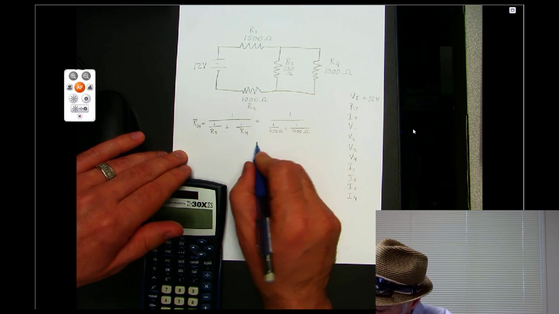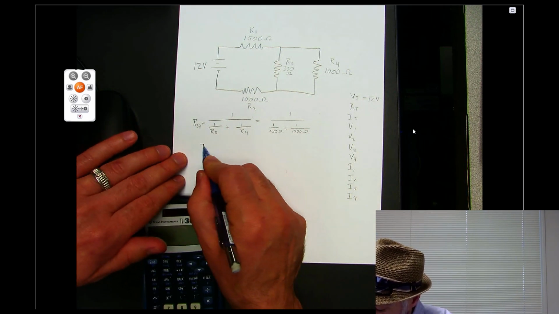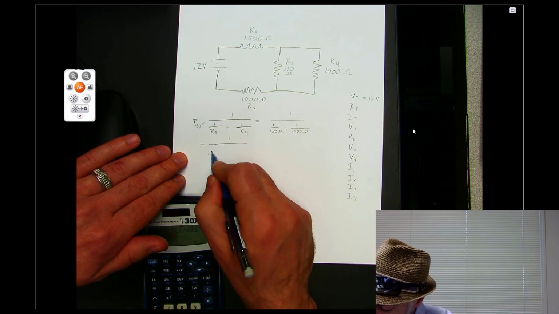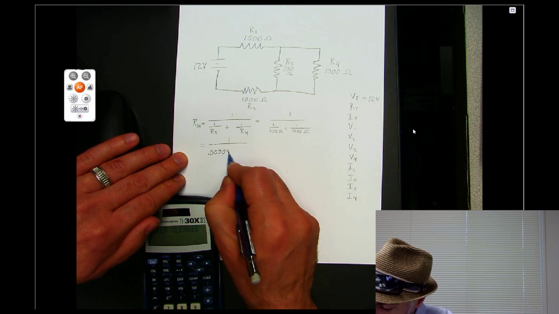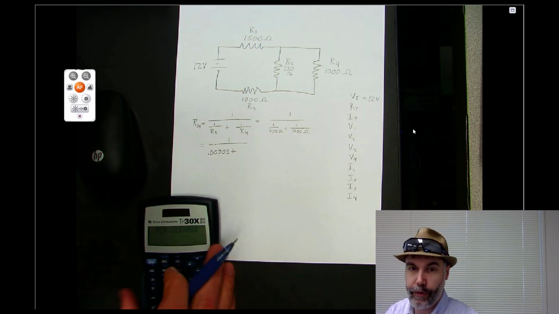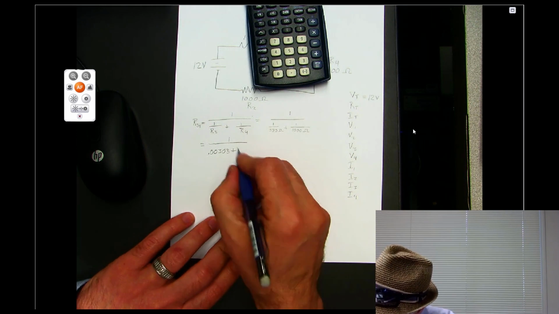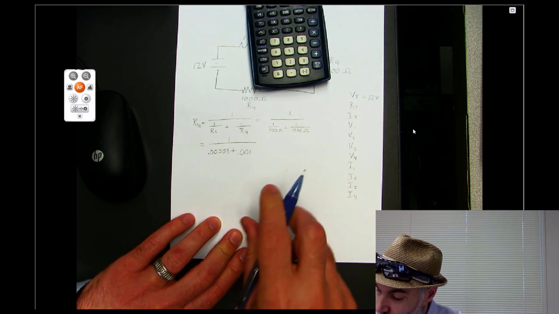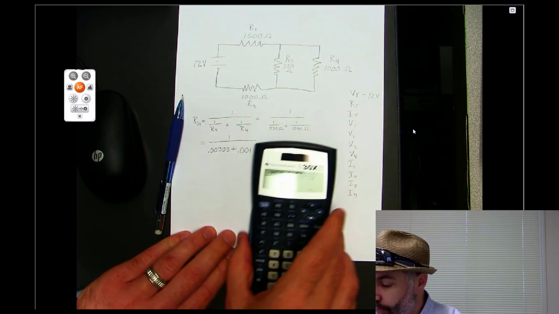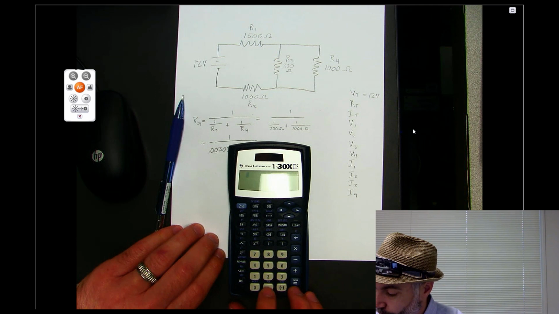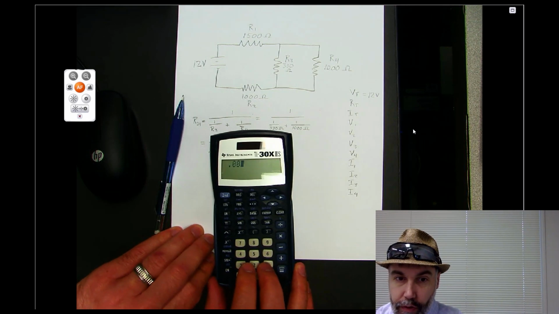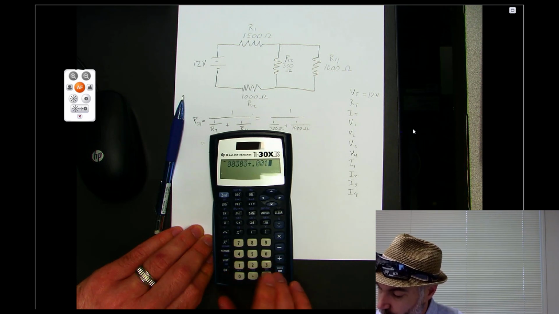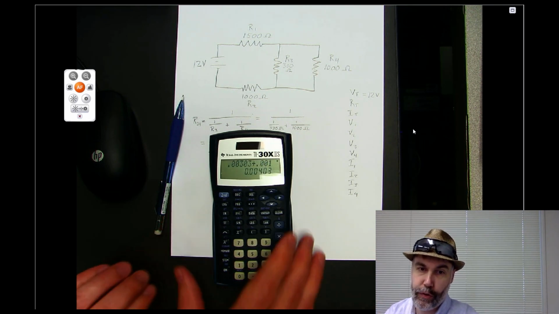So this equals 0.00303 plus 1 over 1,000, I know that's 0.001. Then I just add these together: 0.00303 plus 0.001 equals 0.00403.